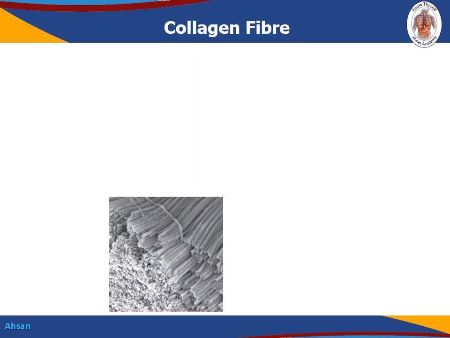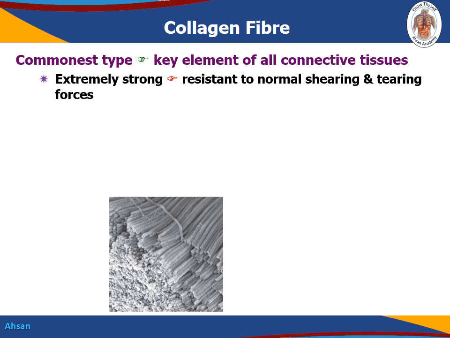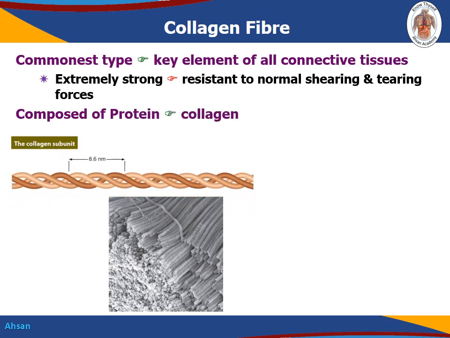Collagen fiber is the commonest type of fiber present in the connective tissue, and it is the key element of all the connective tissues and extremely strong. There is resistance to normal shearing and tearing forces, and it is composed of a protein named collagen, that is twisted around each other to form a very strong thread-like structure.